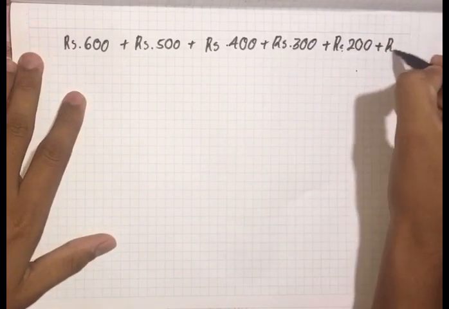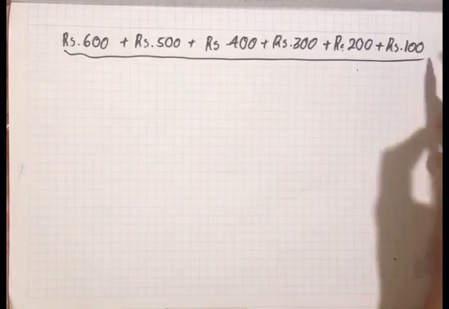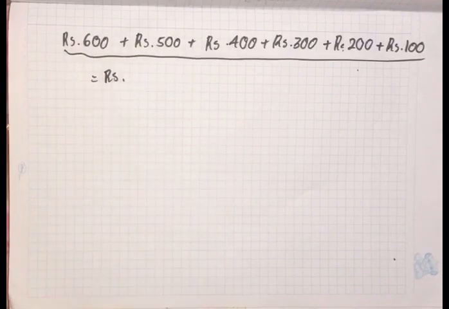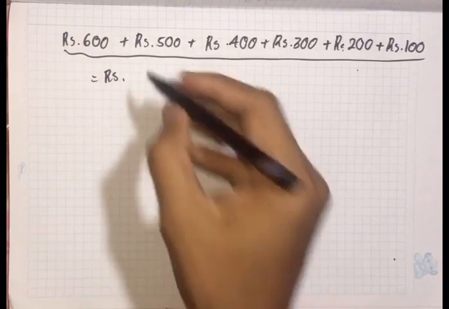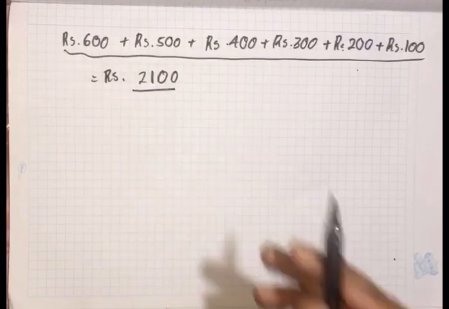Okay, plus 100. This is the total interest to be paid. This is the way they calculate. And what is the total answer? If you add all this, you will get an amount of 2,100. This is the total interest you have to pay.